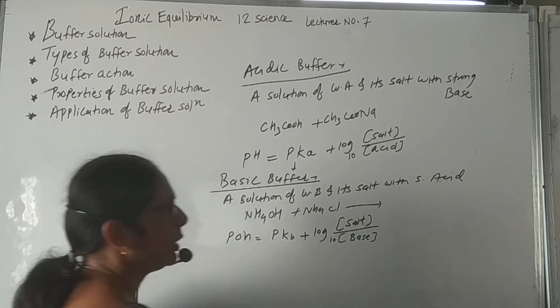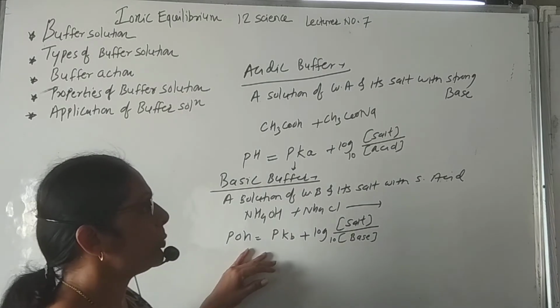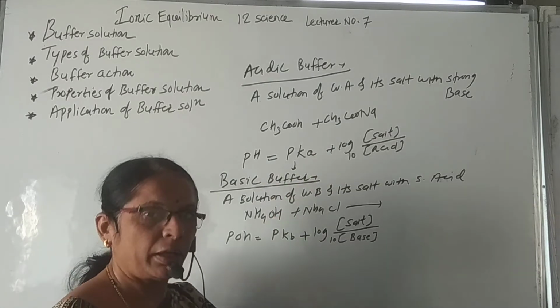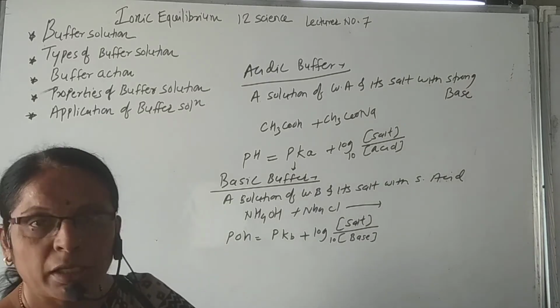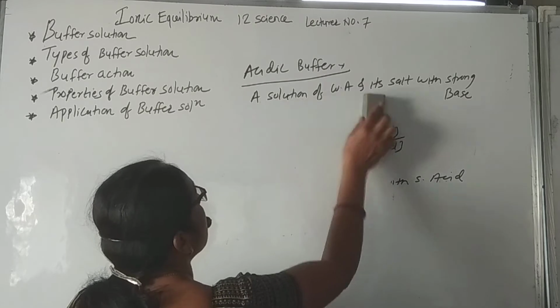Using this formula, we can find the pOH of the solution. These are called the Henderson equations. So we can consider basic buffer and acidic buffer like this.